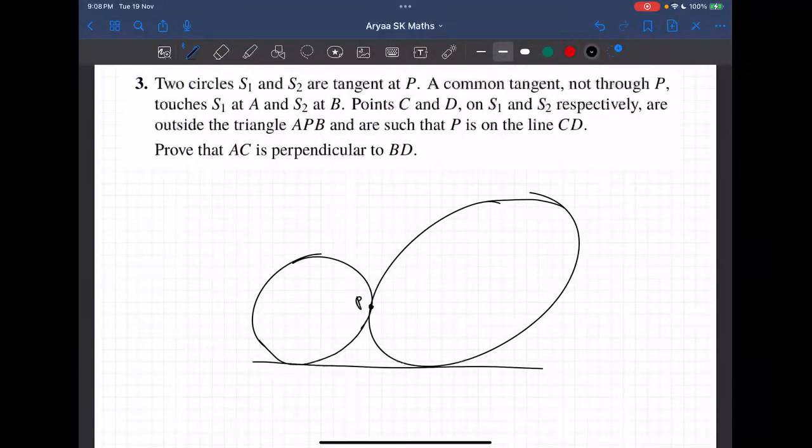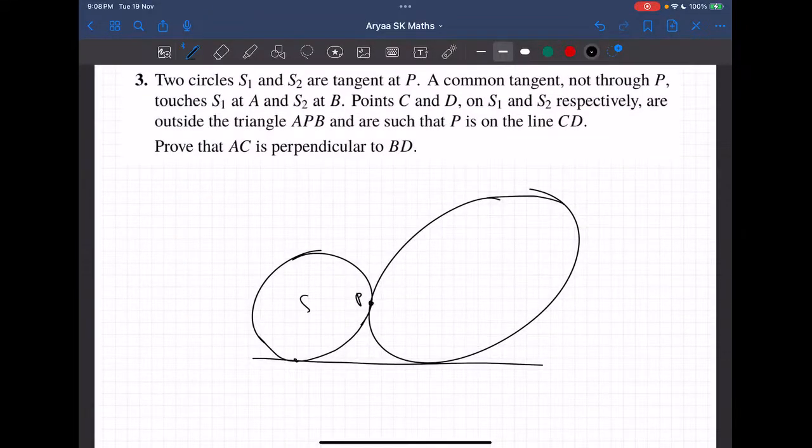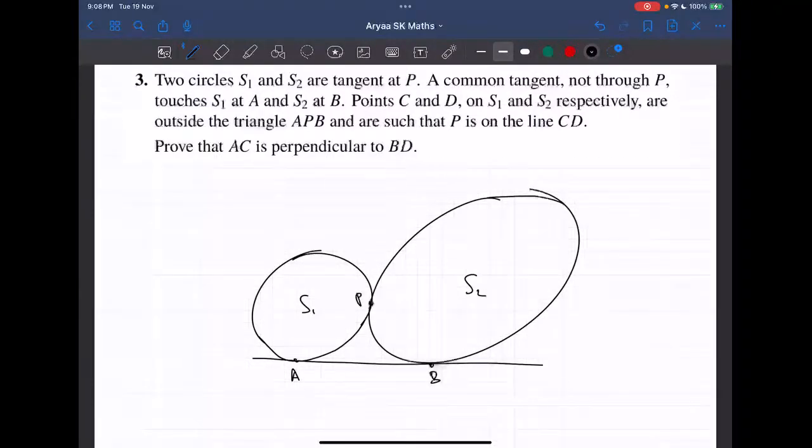Common tangent. Yeah, so this point would be A, and this point would be B. Points C and D. Okay, so yeah, back to the topic.